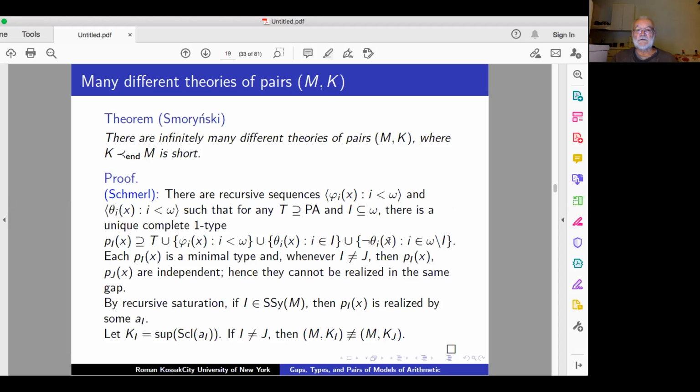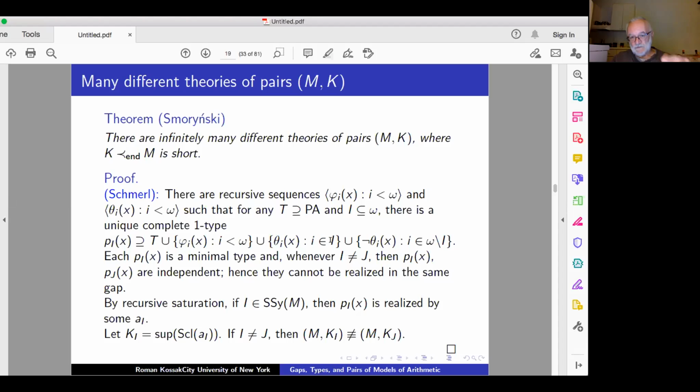And the theta_i's make sure that you get continuum many different types: for any set I of natural numbers, the type where you include theta_i for i in I and exclude theta_i for the complement is a consistent type. This is done in such a way that the types are independent. So this is all in Jim's paper. It's a nice, elegant construction.